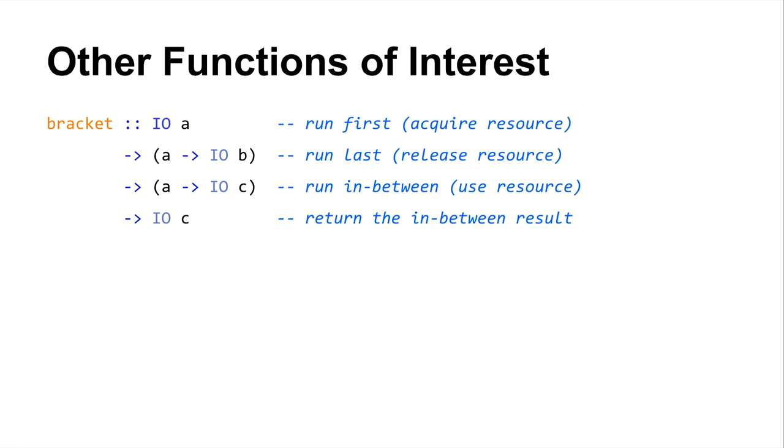You give it some function that tells it how to release that connection from the pool. And then you give it a function that expresses what you want to do with that connection, and your resultant value is of type IO. You run it, and it does all those things, so you can sequence it in with all the rest of your IO computations.